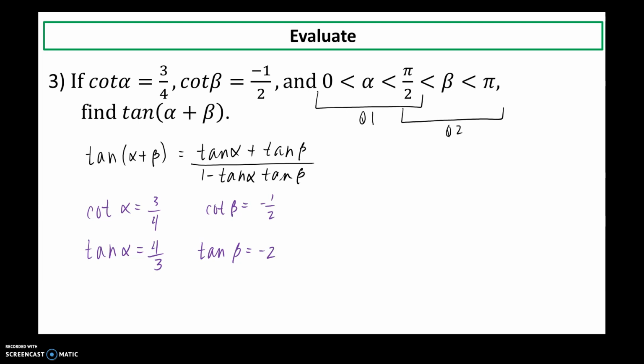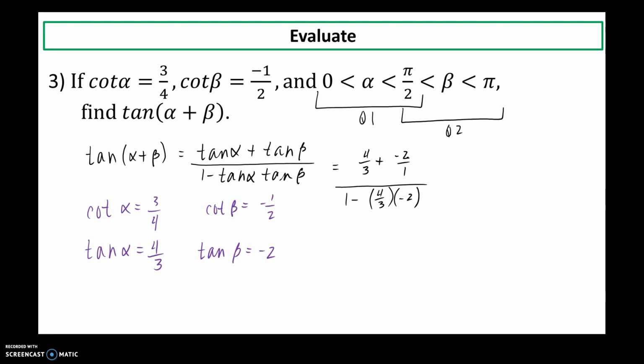So we don't need to use the right triangles at all to find our missing trig ratios. Okay, tan of alpha, 4/3, plus tan of beta, -2, all over 1 minus tan of alpha times tan of beta.